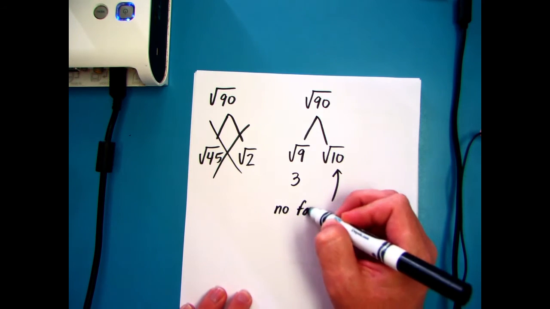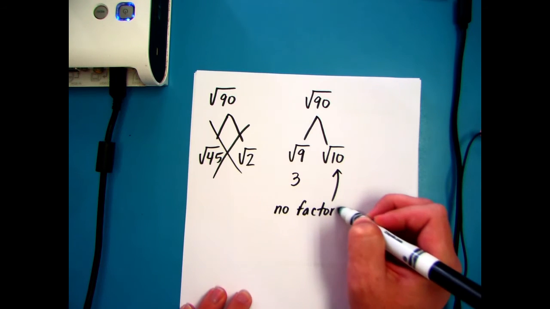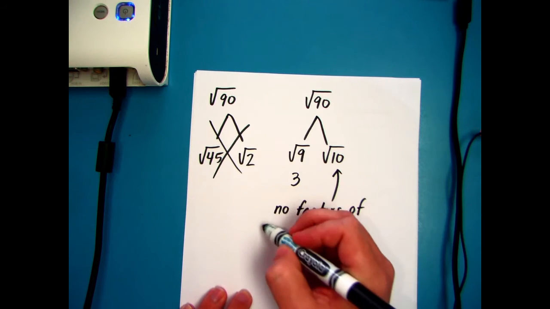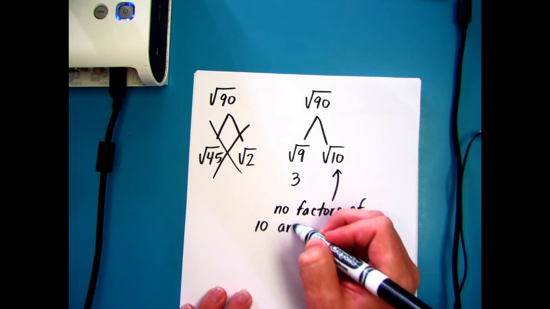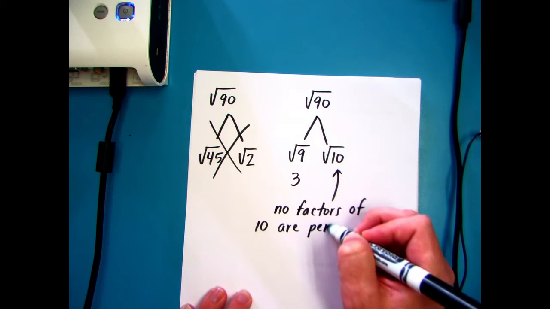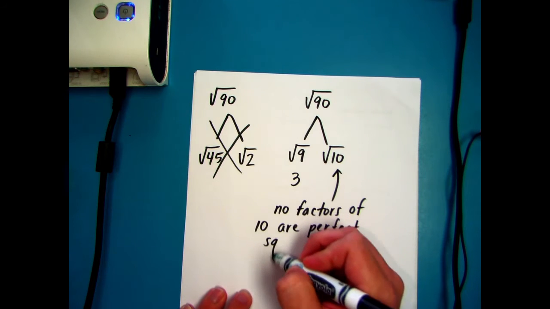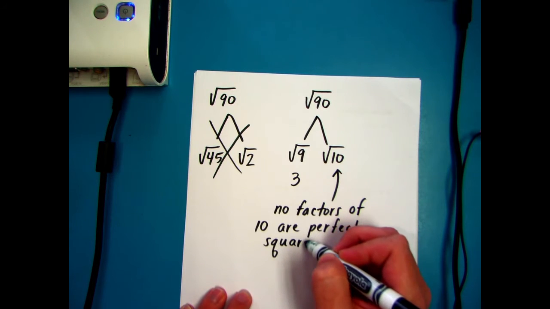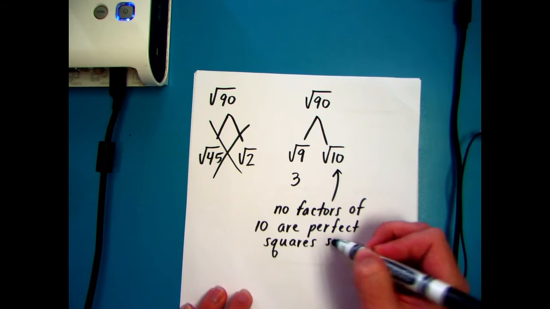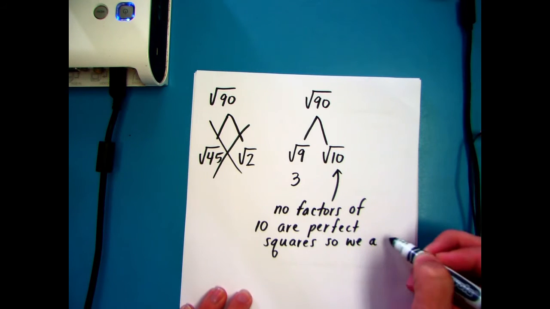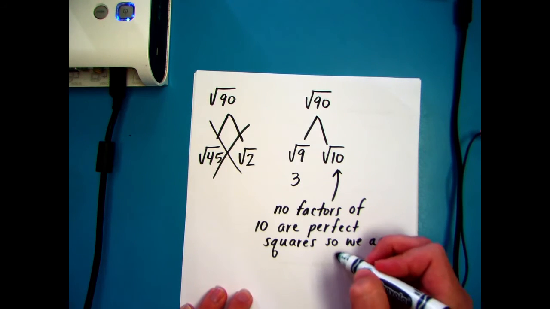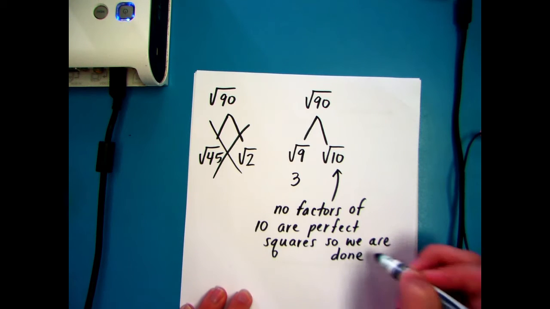The square root of 10 has no factors that are perfect squares. Factors are 1 and 10, 2 and 5. None of them are perfect squares. So when you hit that wall, we are done.